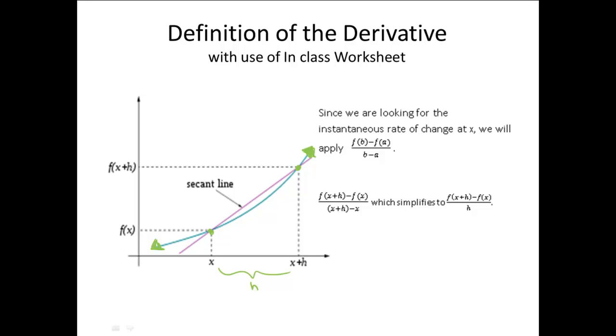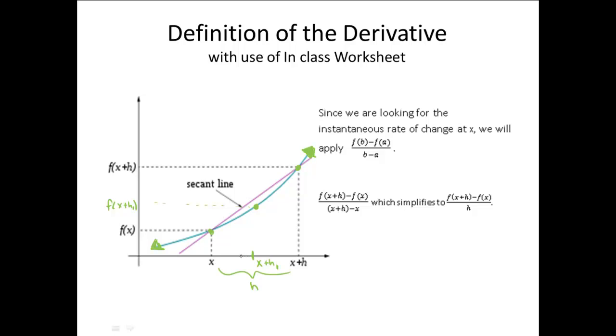Well, what if we were to decrease that amount and say maybe we took it to here, so we'd have x plus h1, a different value of h, a different distance away, that would give us our f of x plus h1, a different y value.